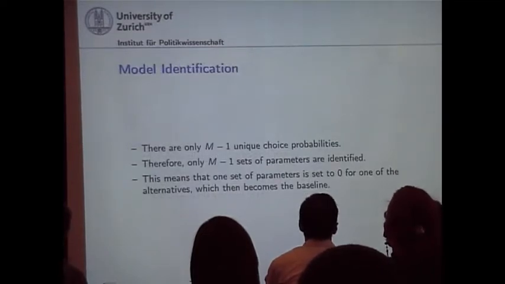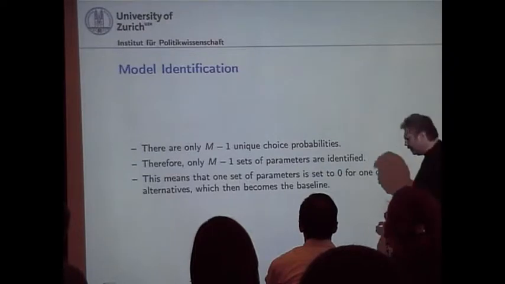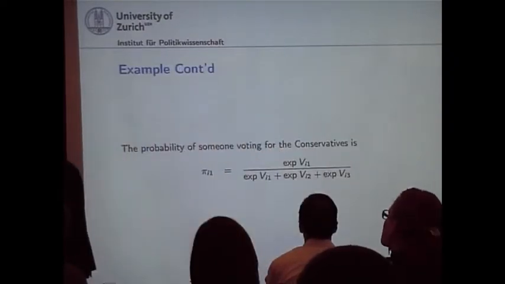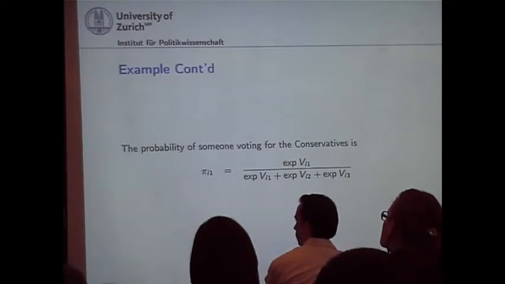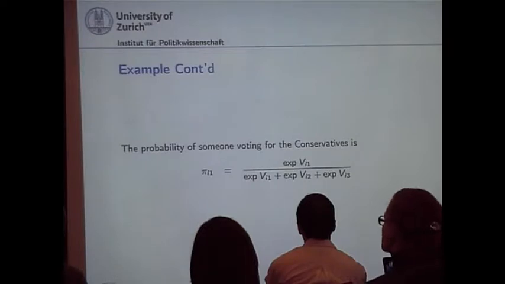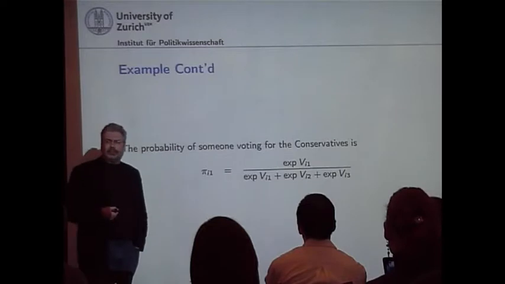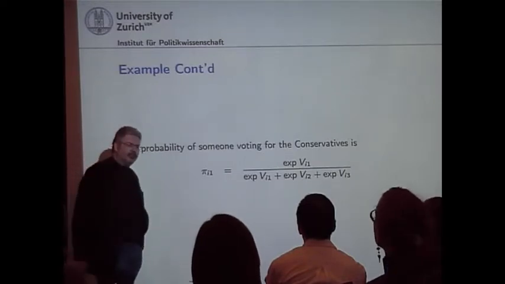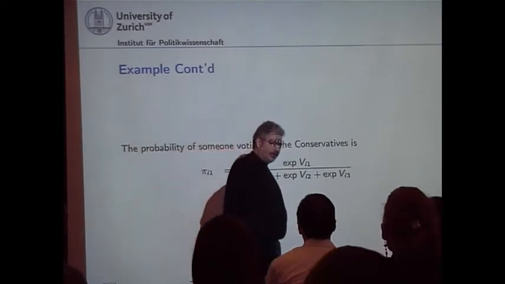Except we need to do one additional thing, because this model, as I presented it here, unfortunately is not identified. Why is it not identified? Well, there are 3 V components we'd like to estimate, but how many unique choice probabilities do I have when I have 3 parties?